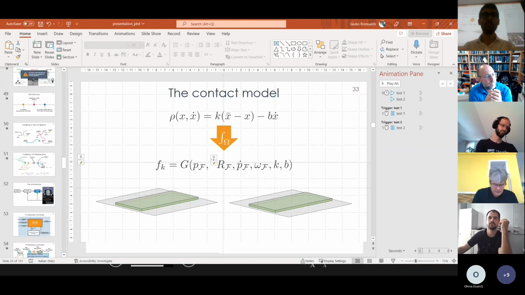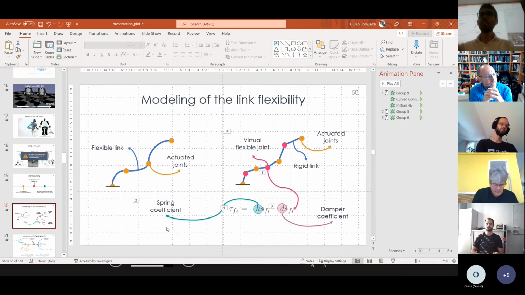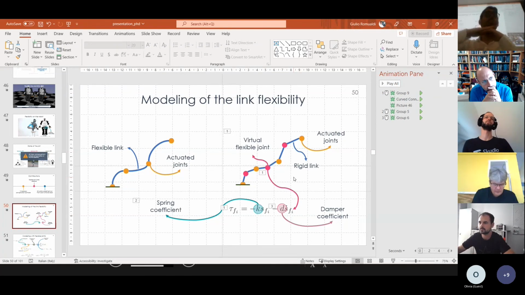flexible joints, which I'm going to show on that slide. Right now, what we are doing is we have a flexible link, and then we say this flexible link can be substituted with a set of flexible joints. But applying the very same approach, we can avoid adding these flexible joints and try to model directly the deformation of the link itself on a planar section.